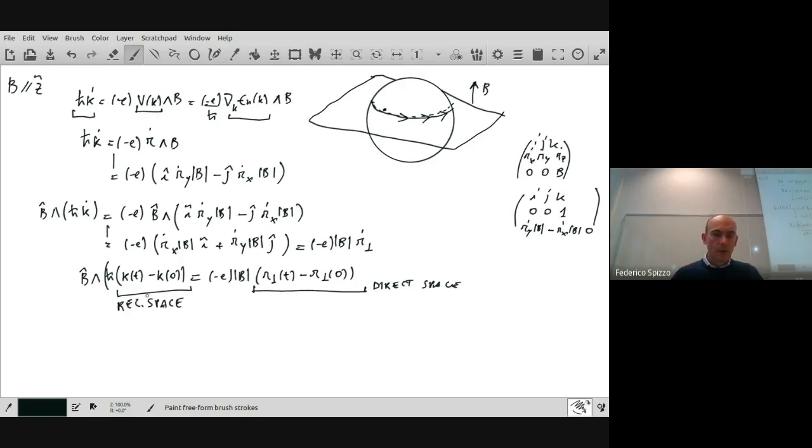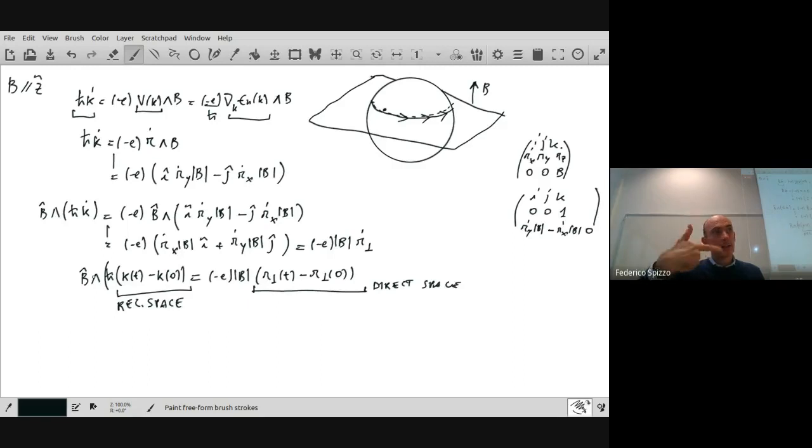So the recipe is: if you have the trajectory in the reciprocal space, and the trajectory is given by k t minus k0, take that trajectory. What happens if you make the vector product by b? The vector product is just a rotation, because if you have the vector k and you make a vector product with b, you have a new vector that is orthogonal both to b and to k. And that happens for any value of k.